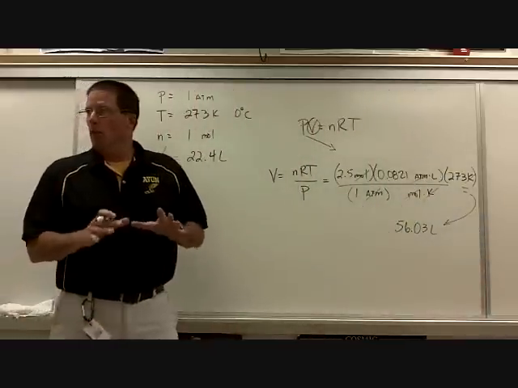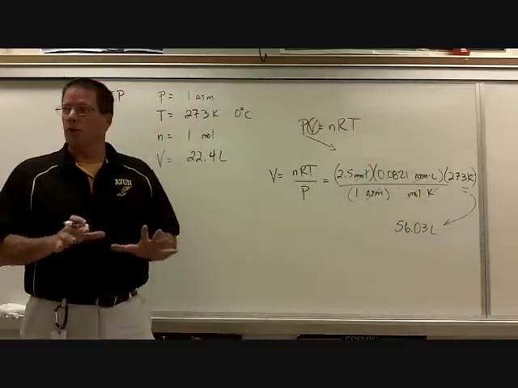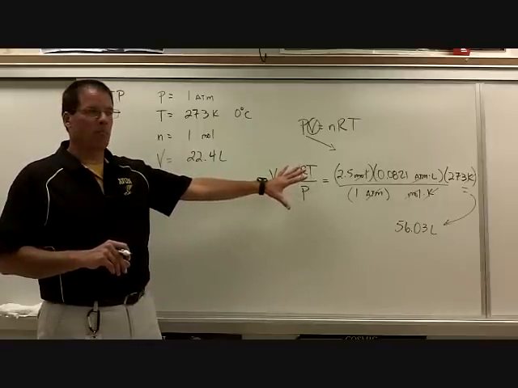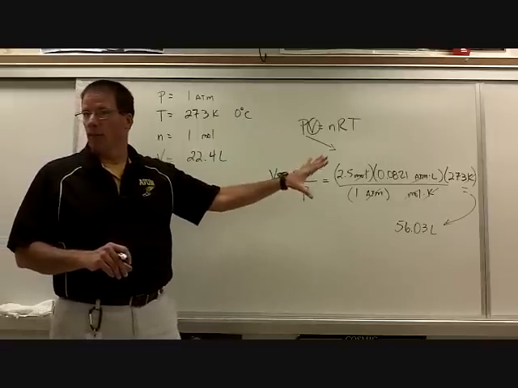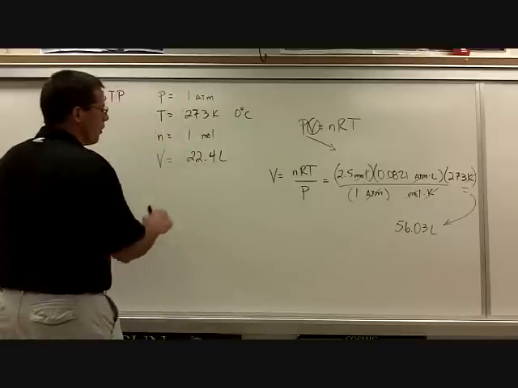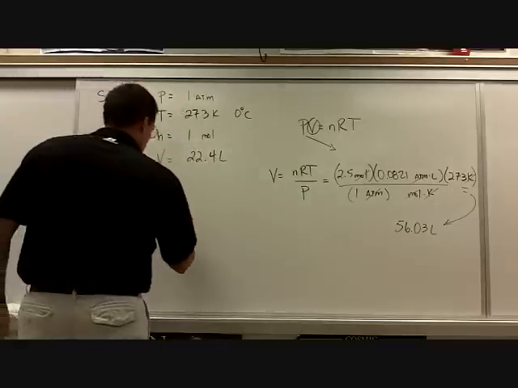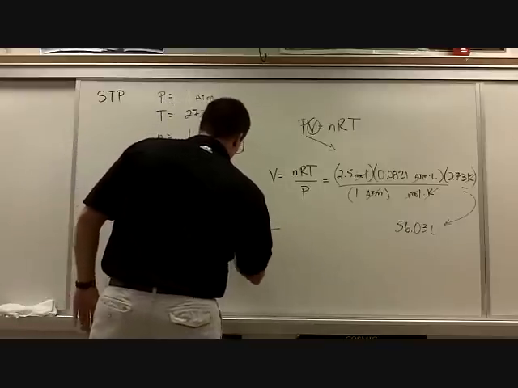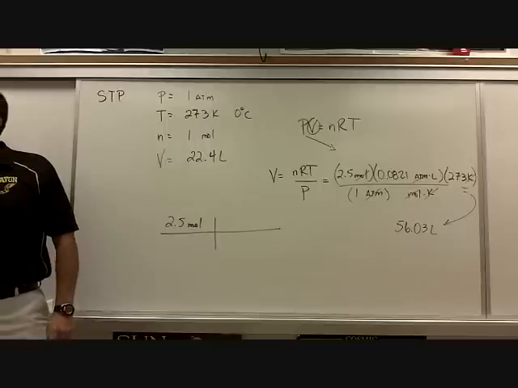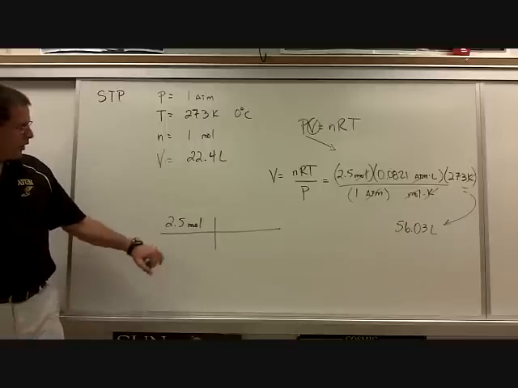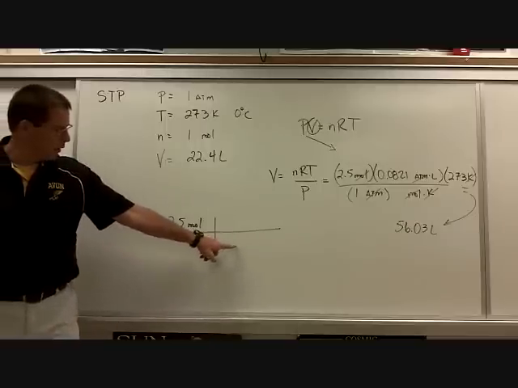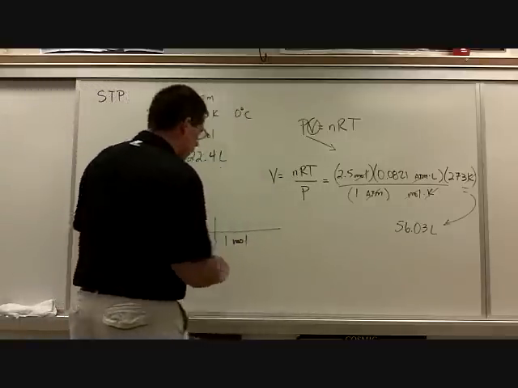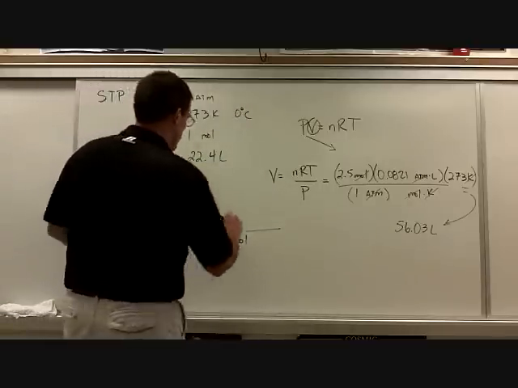Now, some of you, I understand, are creatures of habit and want to use PV equals nRT every time. And that's good, there's nothing wrong with that. However, if you're capable of remembering this information here, you may, if you choose, do this. Start off with your 2.5 moles. And if I know the conditions are at STP, what can I put down here? 1 mole. And what goes on top? 22.4.